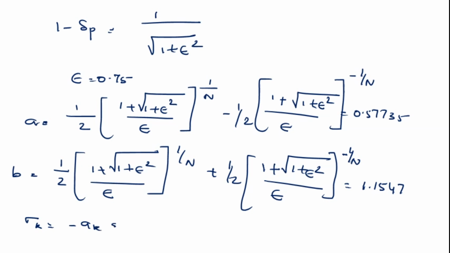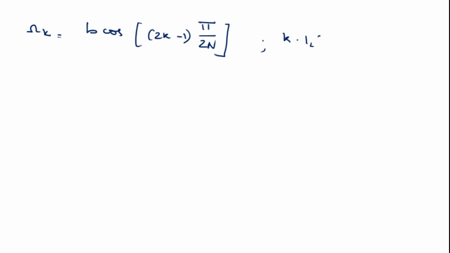Then sigma k is equal to minus a times sine of (2k minus 1) into pi by 2N, where k varies from 1 to 4. And Omega k is equal to b cos of (2k minus 1) into pi by 2N, k varies from 1 to 4.